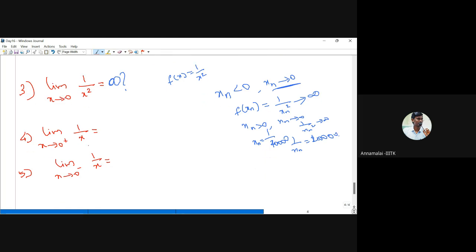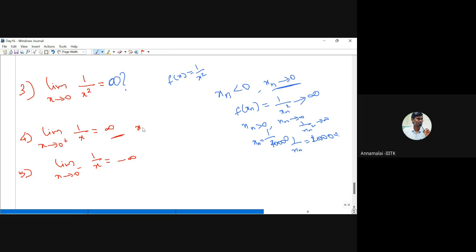What is the right hand limit of the function 1 by x? What is the left hand limit? Can anyone tell me that? The left hand limit will be minus infinity, and the right hand limit should be plus infinity. Why? So this means what?